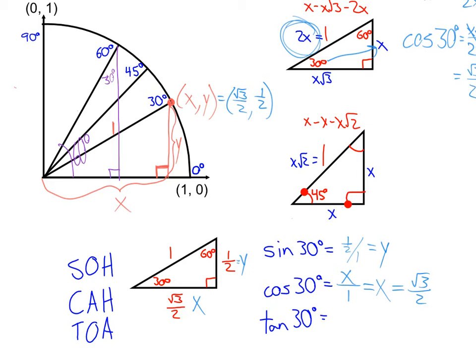Yeah, but how is it going to be different? The x and y would be switched. That's right. All we did here is we took this triangle and we flipped it like this. So instead of x being root 3 over 2 and y being 1/2, now x is 1/2, y is root 3 over 2.